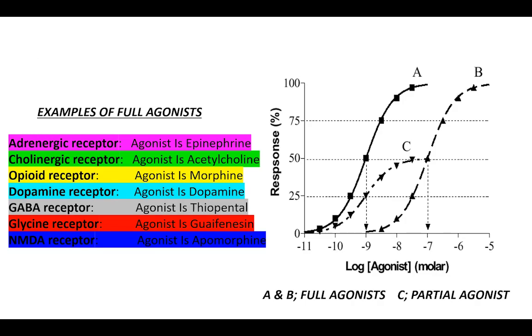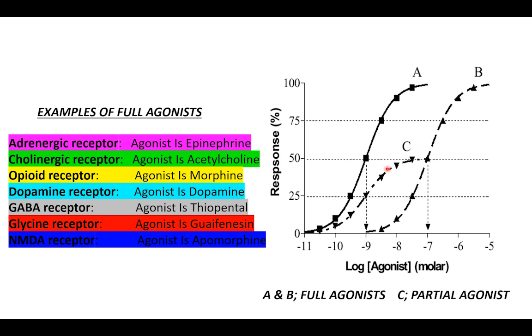So in this slide, we are going to first appreciate the log dose-response curve, which is LDR, for the full agonist and partial agonist. We have seen that full agonists will be able to produce a maximum response when all or part of the receptors have been bound.